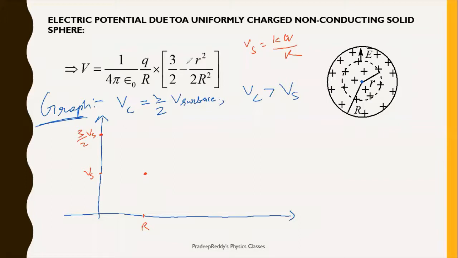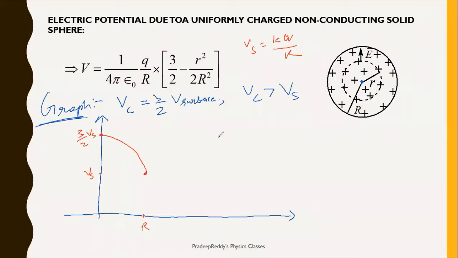See, as you are coming out from the center, potential decreases, and its decrease is like this. Remember, the slope should decrease. The slope is not increasing in this case. So that point you need to understand.